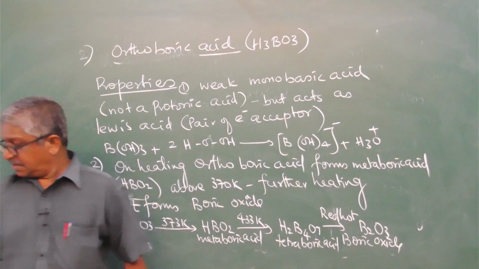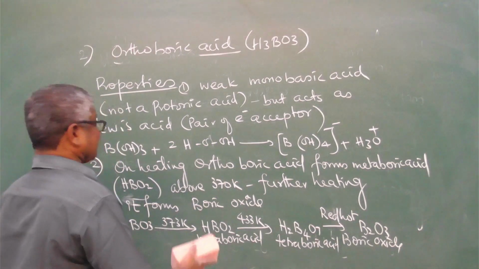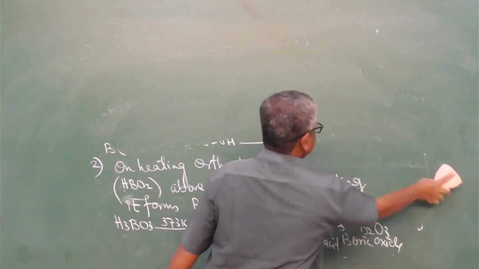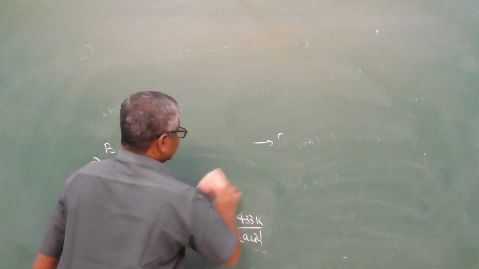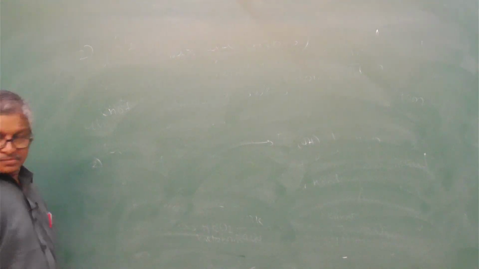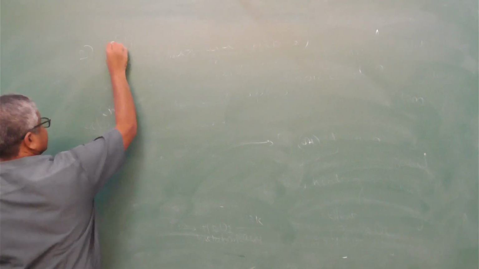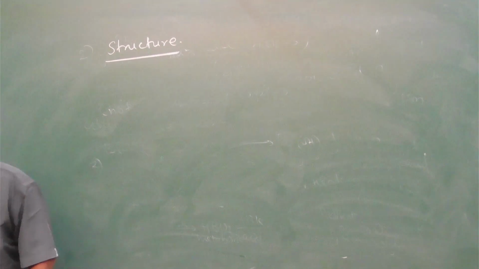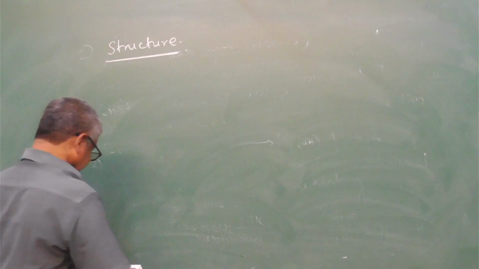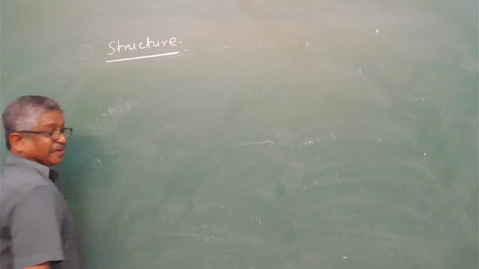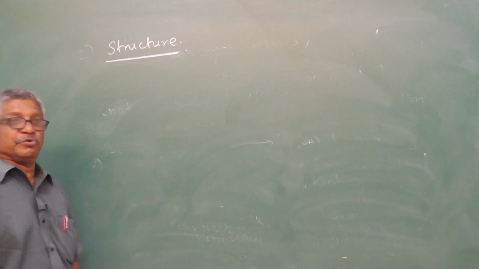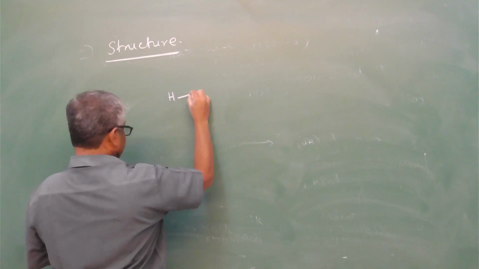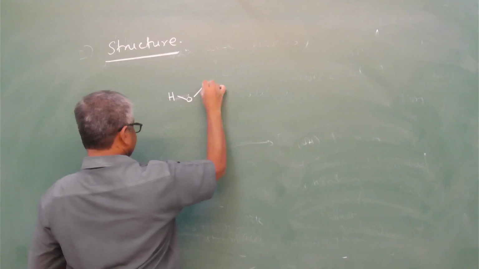Next, the structure of orthoboric acid. Boric acid formula H3BO3, hydrogen, oxygen with boric acid.